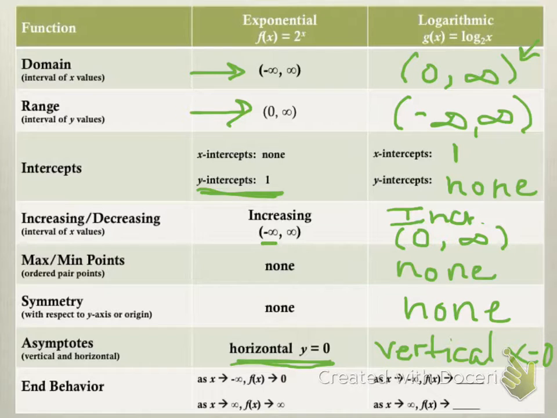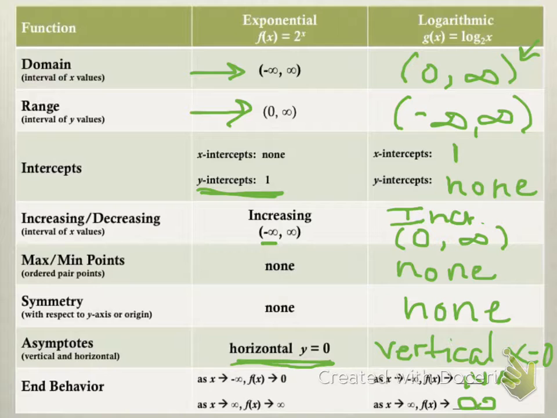And then as x approaches negative infinity, that one does not apply. That's not applicable because x doesn't go to negative infinity. Next, x can only get as low as 0. But as x gets bigger, goes towards infinity, then our f of x also will go toward infinity.